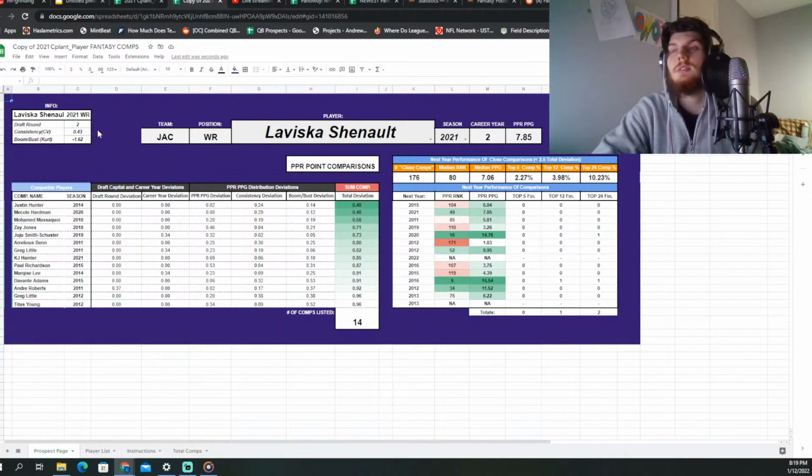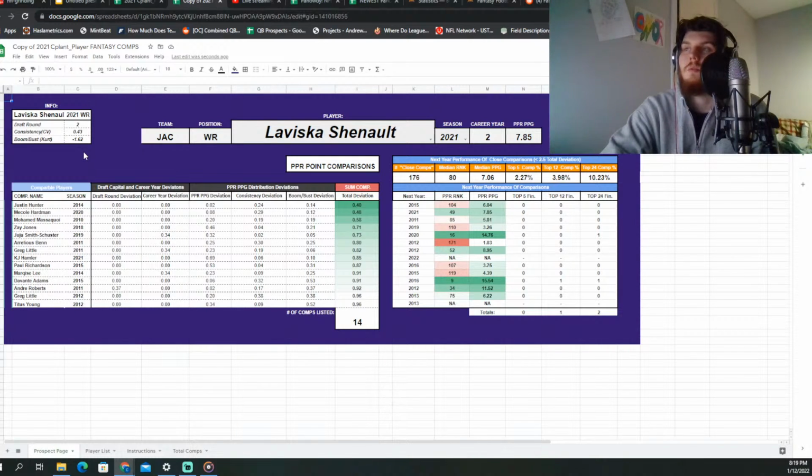Not including draft round, the consistency and boom-bust kurtosis describe the distribution of their points throughout the season, and it also uses points per game. So it's touching on those three bases along with the career year that they're in and the draft round.